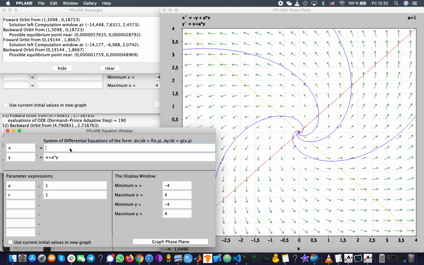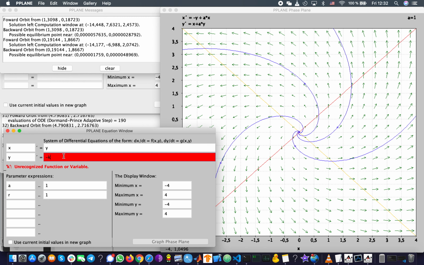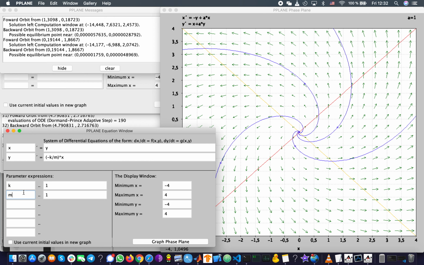So x prime is equal to y, and y prime is equal to minus k over m, in parentheses, times x. We call k, for instance, 1, and m, our mass, can be 2.